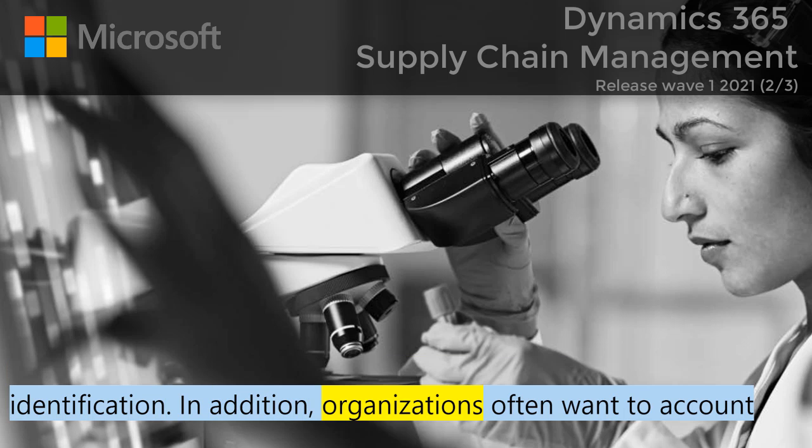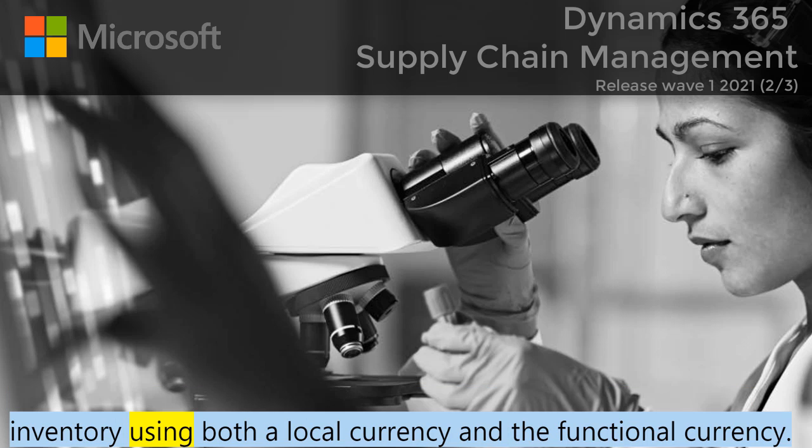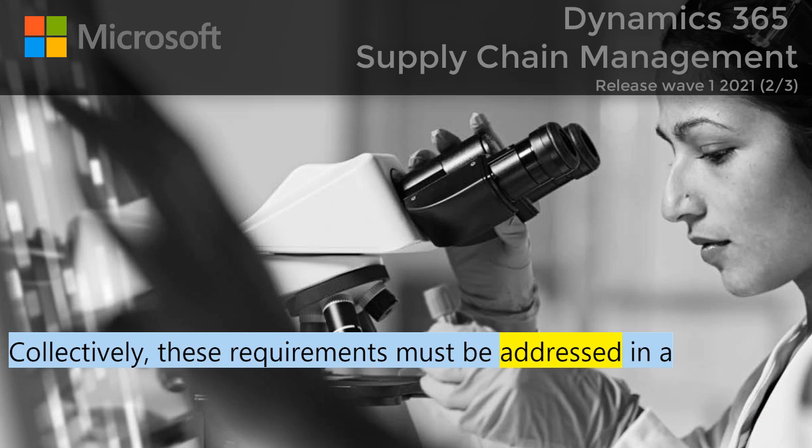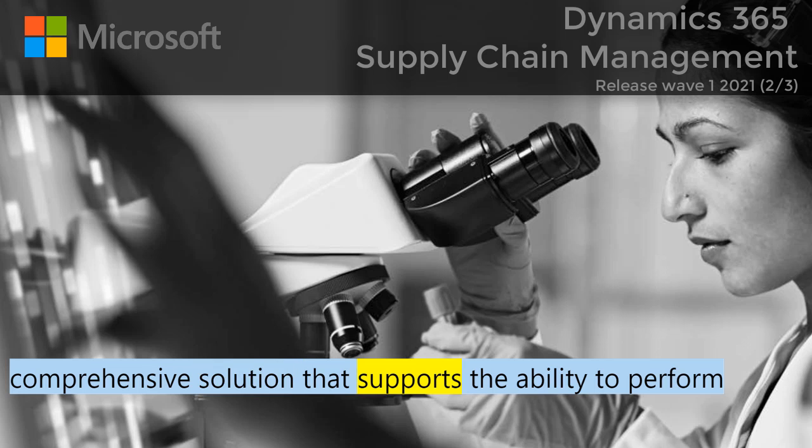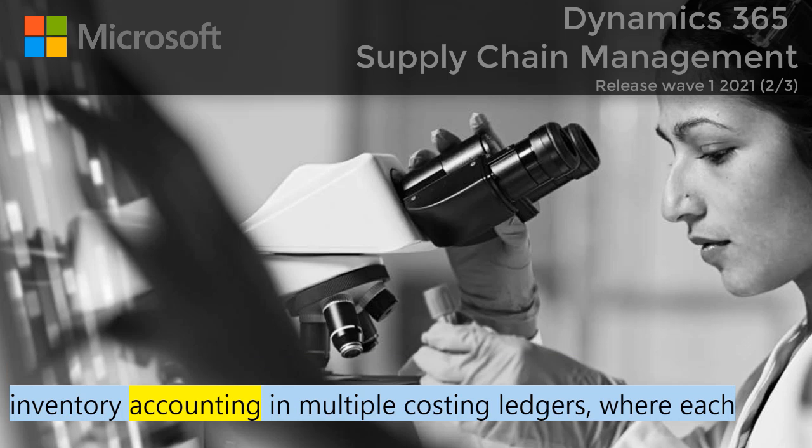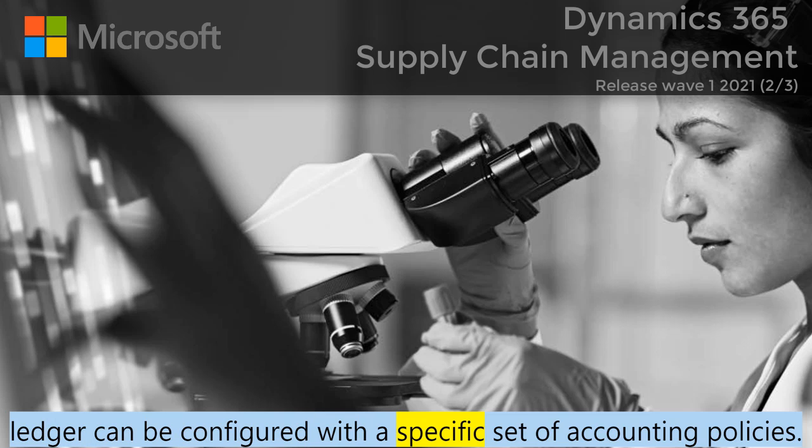In addition, organizations often want to account inventory using both a local currency and the functional currency. Collectively, these requirements must be addressed in a comprehensive solution that supports the ability to perform inventory accounting in multiple costing ledgers, where each ledger can be configured with a specific set of accounting policies.